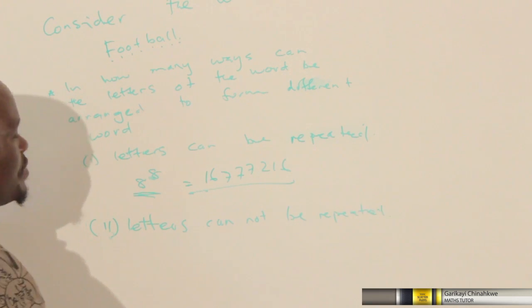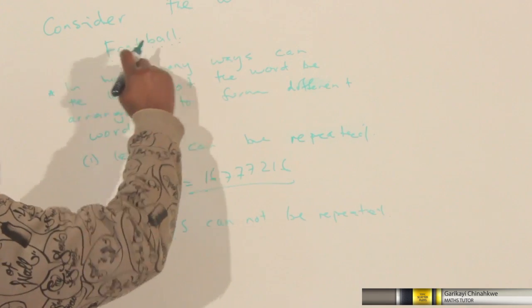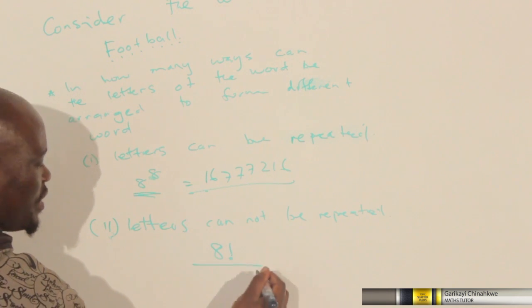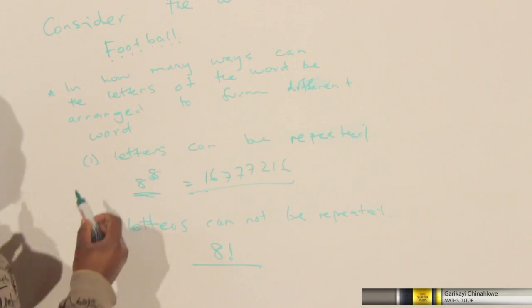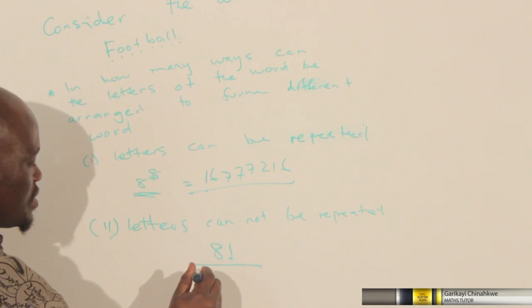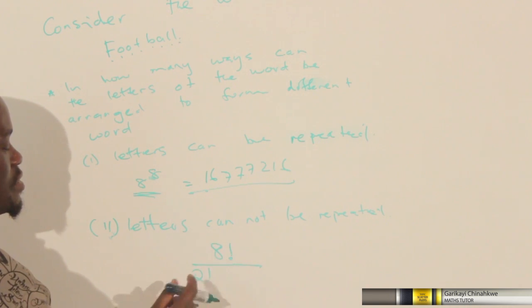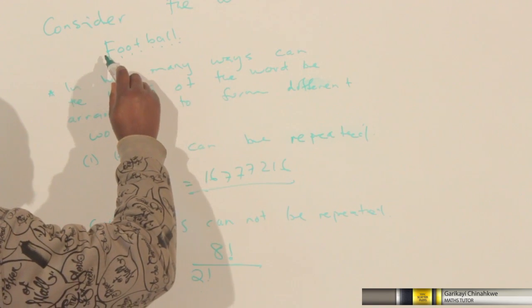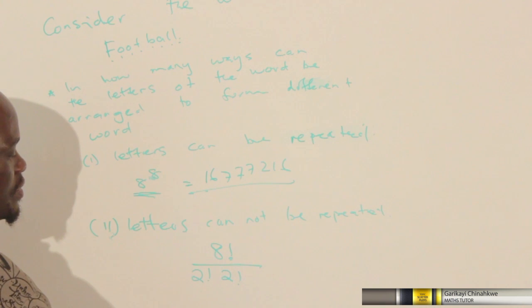Alright, if letters cannot be repeated, you're just gonna say, how many letters do you have there? We've got 8 of them. So you're gonna say 8 factorial over those letters that are repeated. You can see that O is repeated twice, so it's 2 factorial. Then L is repeated twice, so it's 2 factorial.